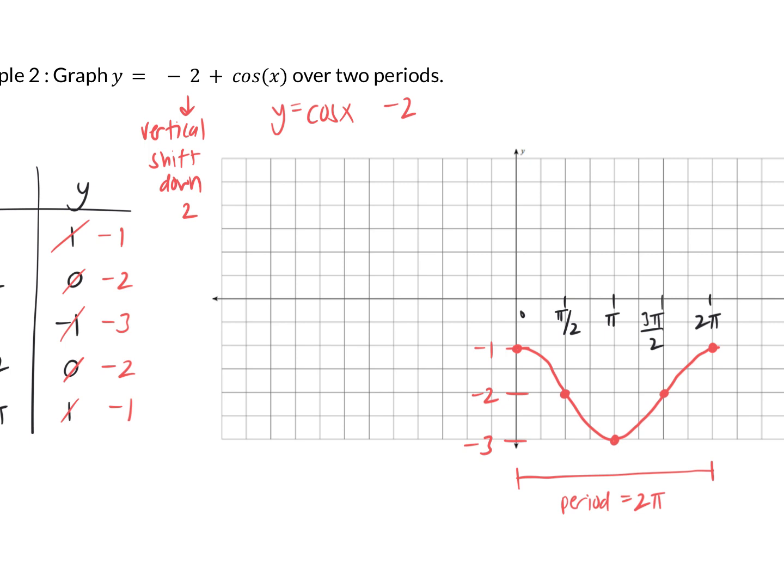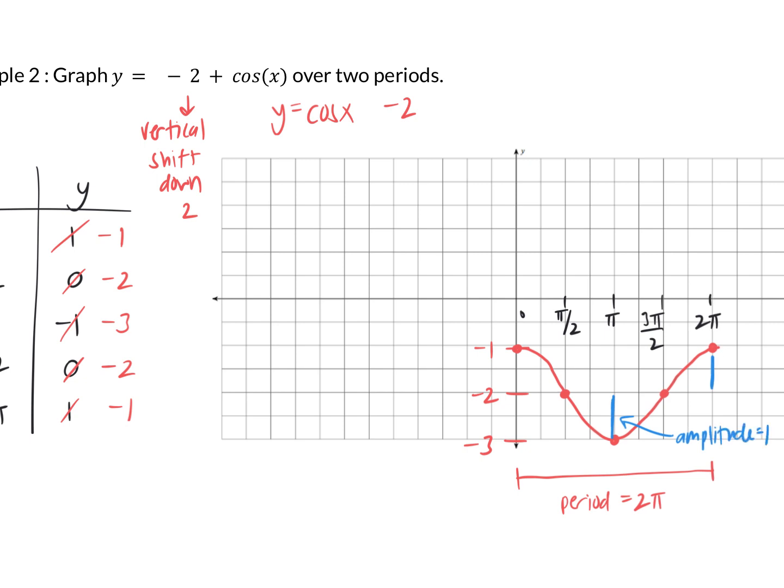Is my amplitude from the maximum to the minimum point, or is it the maximum and minimum point to the midpoint here? Right, because technically this is my normal graph if I shifted it up. So my amplitude is only that maximum or minimum point to that midline. Okay, so what would my amplitude be here? 1. Yeah, it's 1. So amplitude is 1.